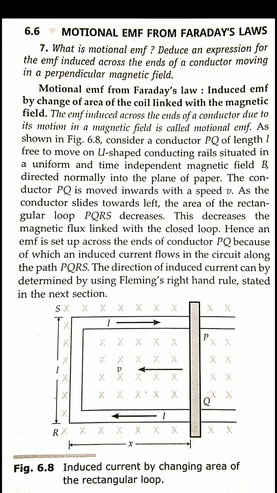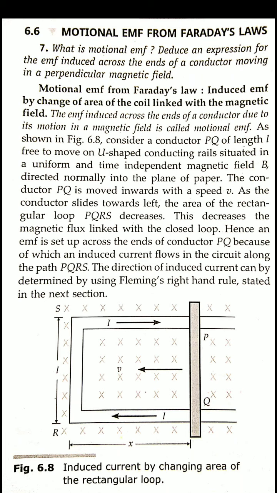In this figure you see that we take one U-shaped conducting rail and one conductor PQ of length L, and this PQ conductor is free to move on the U-shaped conducting rails.